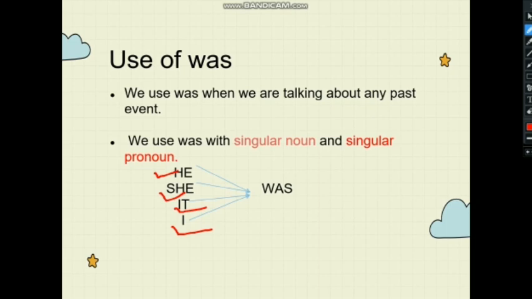So all this we are using with the singular noun and singular pronouns. So remember, we use was with singular noun and pronoun when we are talking about anything in the past.